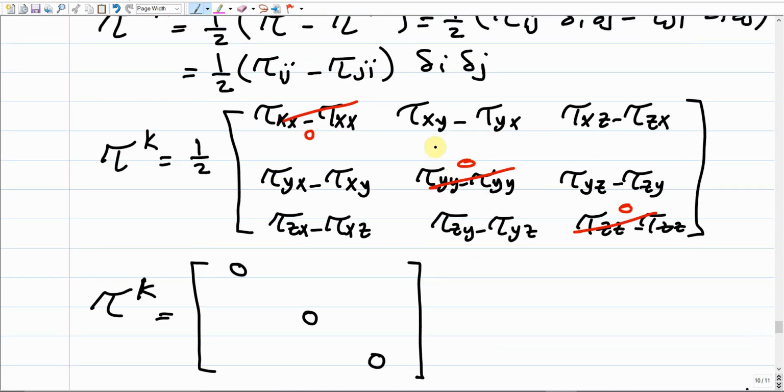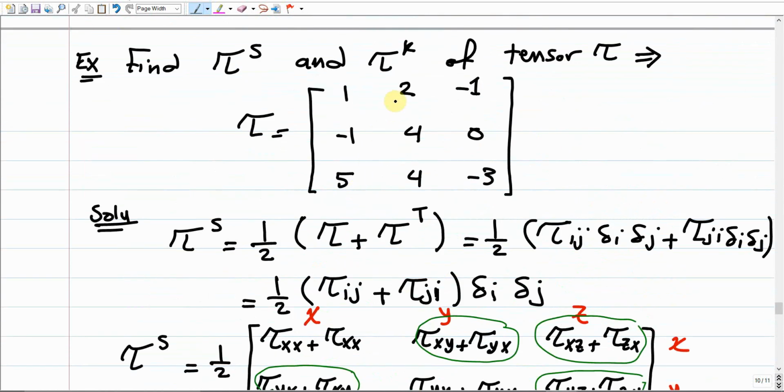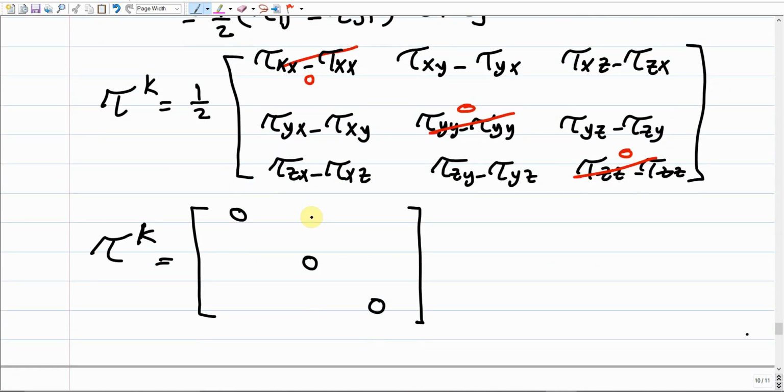But how about the tau xy negative tau yx? Tau xy in the original tensor, the general tensor, is 2 negative 1, this gives 3 over 2, this gives 1.5. So this is going to give us 1.5 here. How about this one, tau xz negative tau zx?